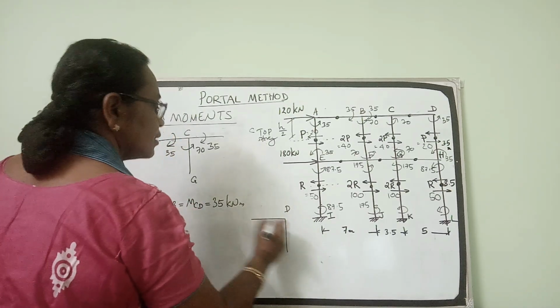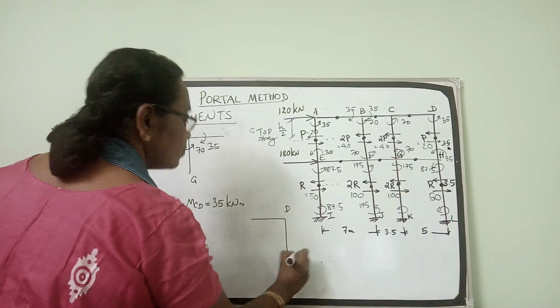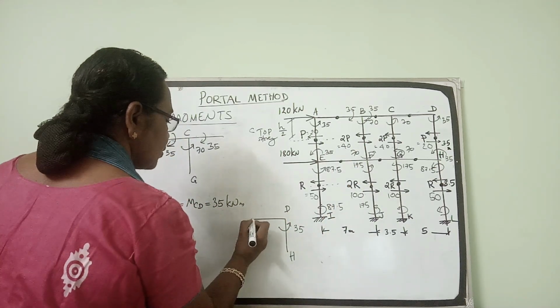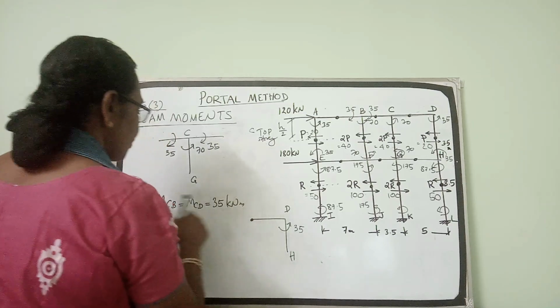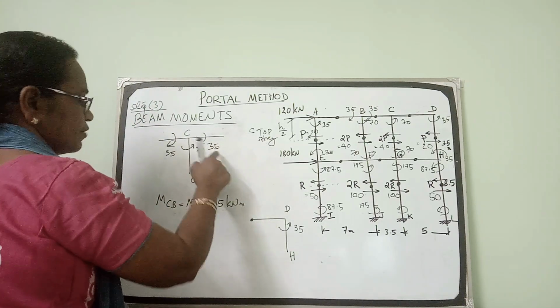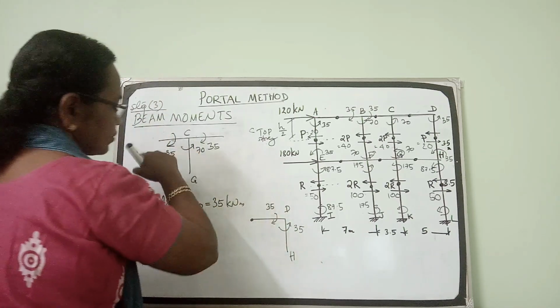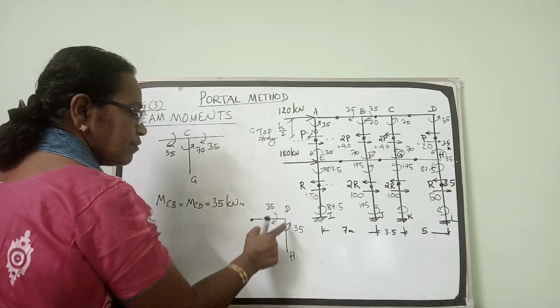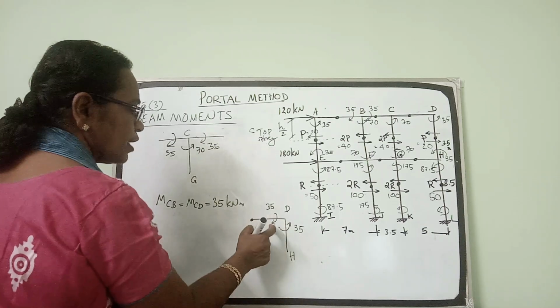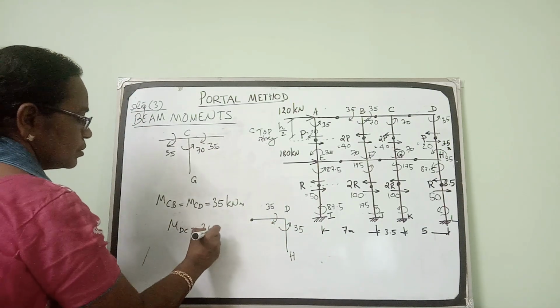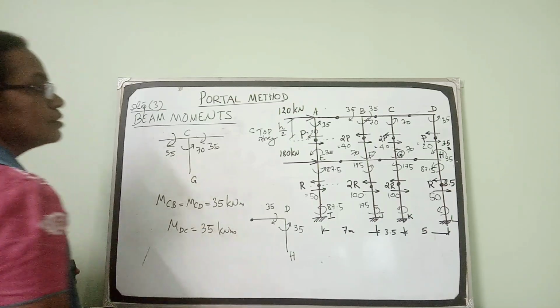Coming to joint D. Joint D, the column moment is anti-clockwise 35. There is point of contraflexure here. We have got MCD as 35, so this should also be 35 from the first beam itself, or in order to have equilibrium, if this is anti-clockwise 35, this MDC should be equal to clockwise 35.